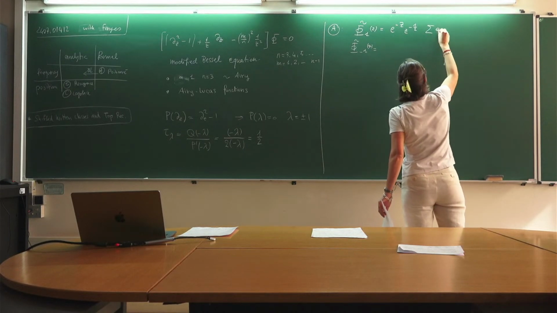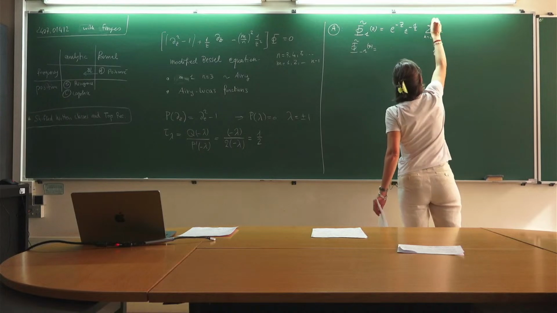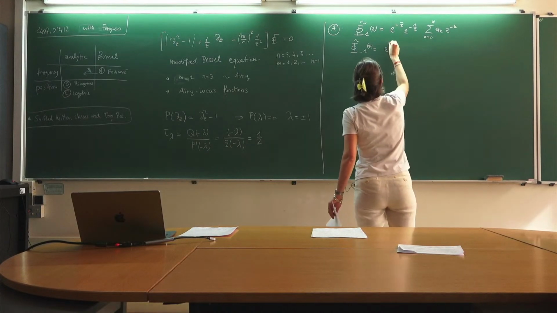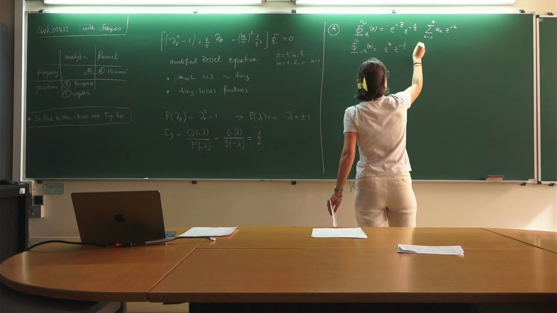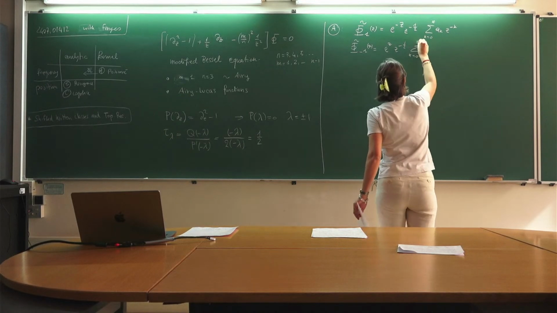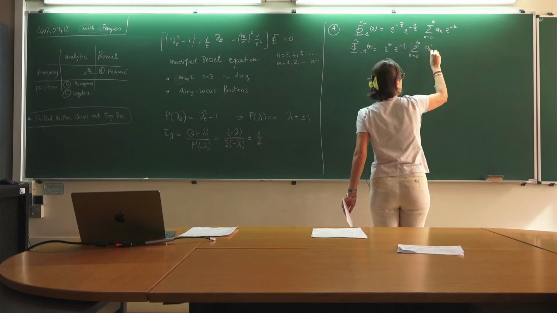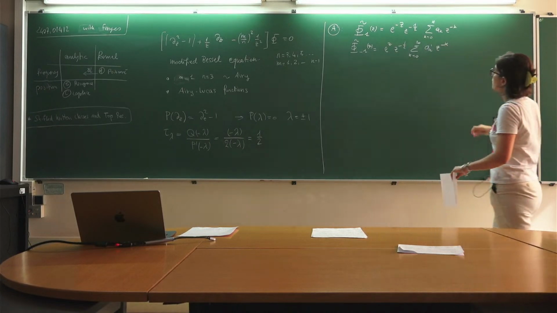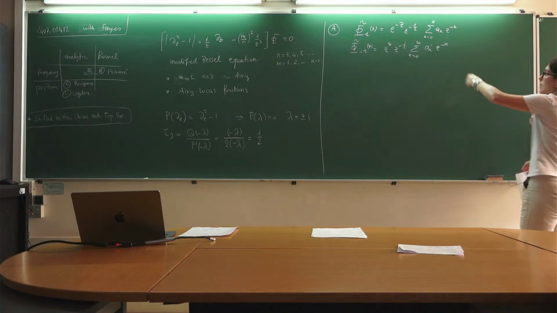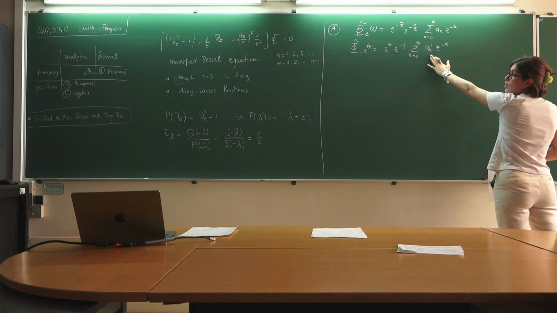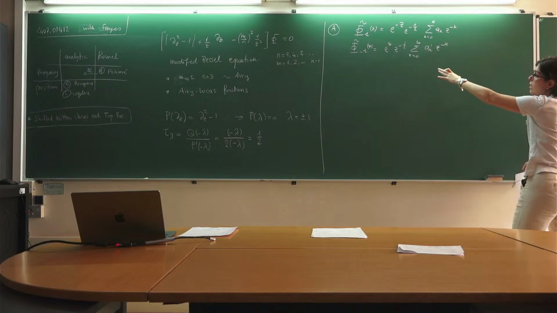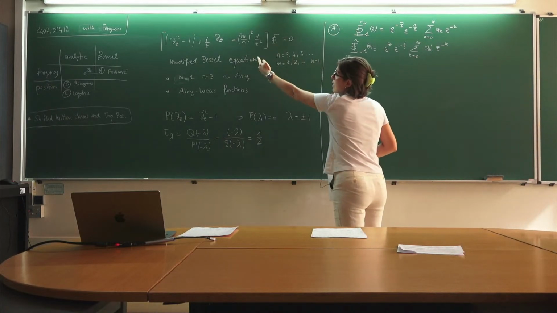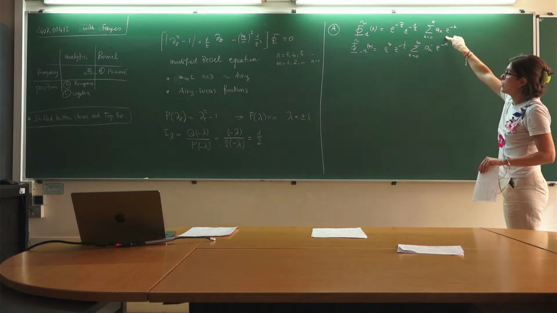And then you have to take an ansatz, the sum over k from 0 to infinity of a_k z to the minus k. And here it's similar, let me call the coefficient a_k prime. We have to determine these coefficients. So how do you do it? Well, you take the solution, you plug it in here, and then you solve recursively for the coefficients.